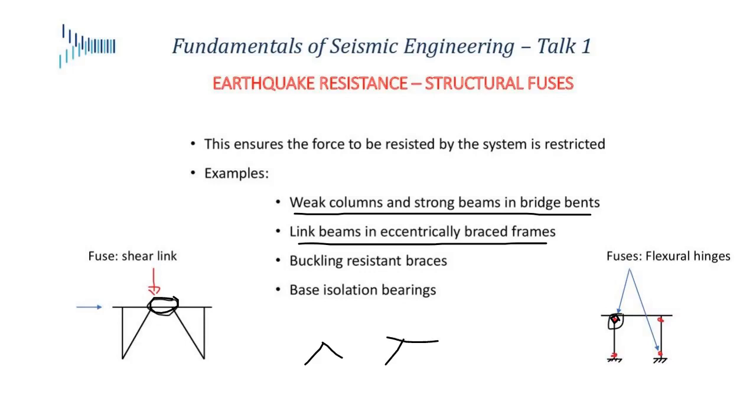They are eccentric to each other. This link yields in shear and caps the force again that goes into the columns and the braces and the cap beam. So now you make sure that this thing can dissipate the energy. This becomes your fuse. This has all the ductility. Everything else can just be designed elastically. Okay?